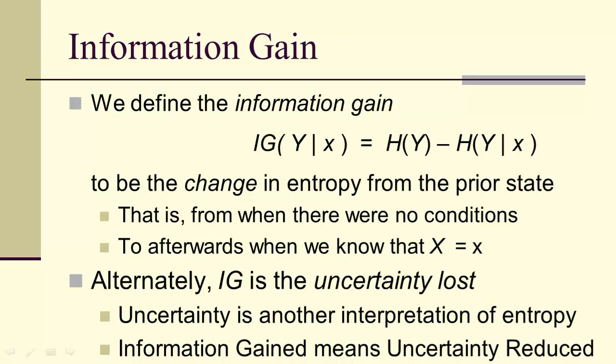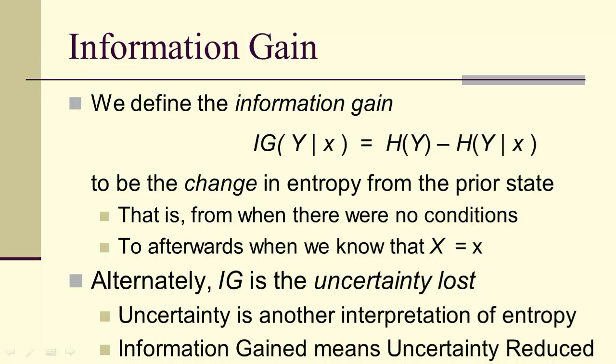We define the information gain to be the difference of the entropy in y minus the entropy in y given x. And we can think of this as a change in entropy from a prior state. So beforehand there were no conditions. Afterwards we know that x equals little x, and the information gain is the information we obtain going from the before to the after.